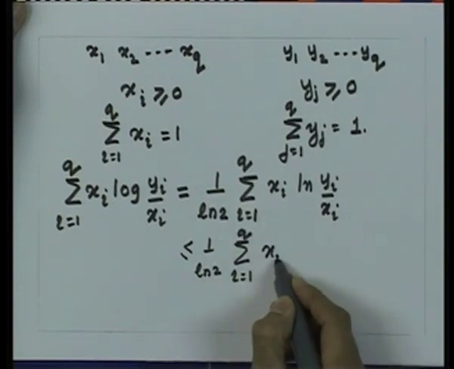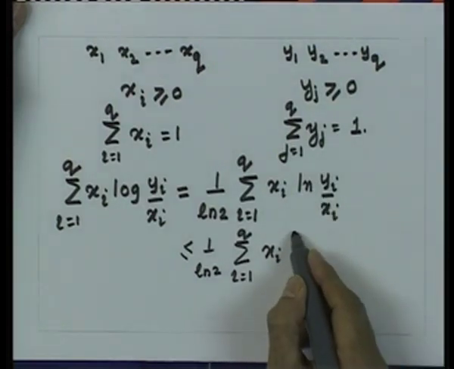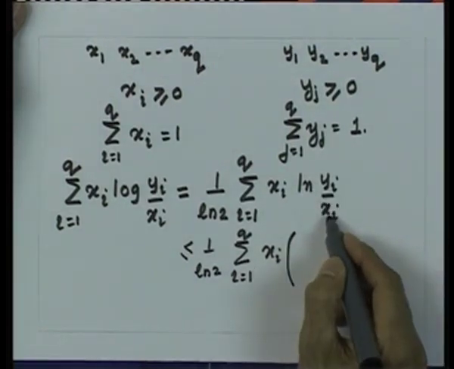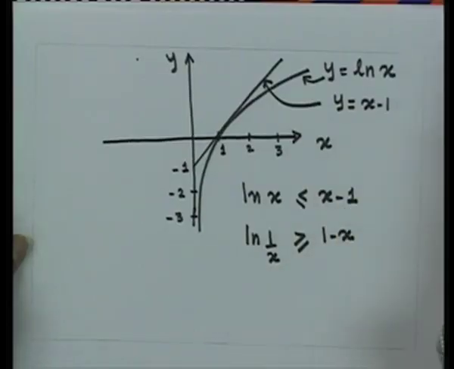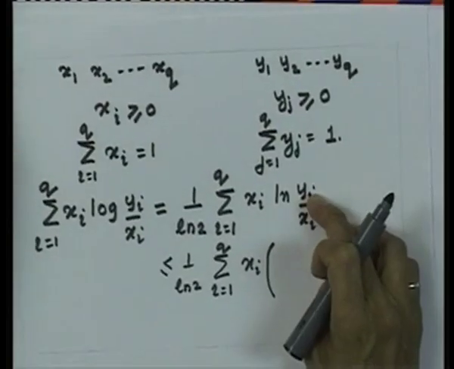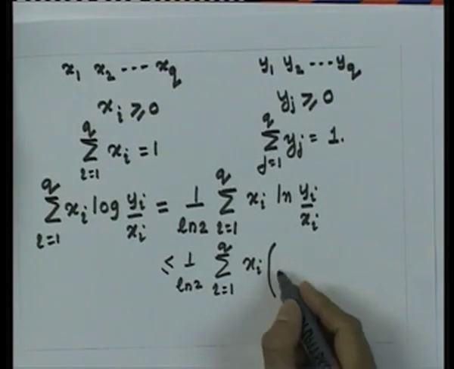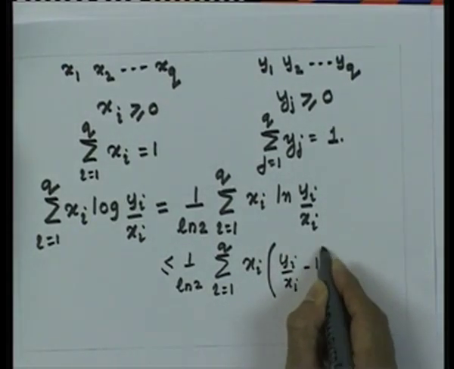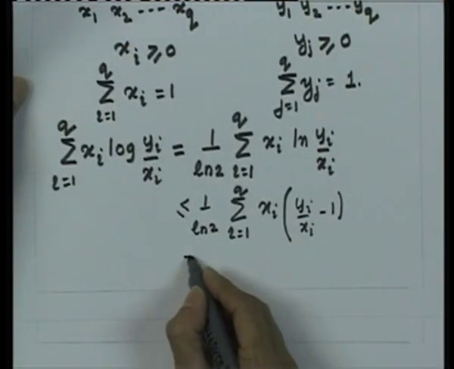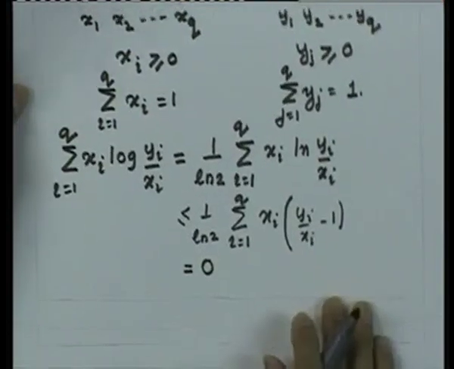I just substitute the value for log of yi upon xi. We have seen from this relationship that log x is always less than or equal to x minus 1. So, if I use this relationship, I can write this as less than or equal to the summation of yi minus xi, and this can be shown to be equal to 0.